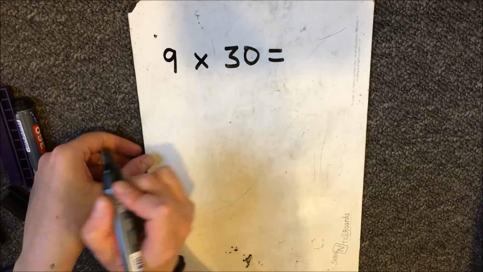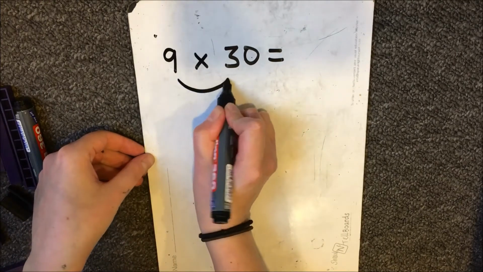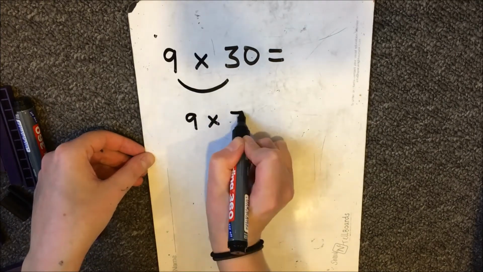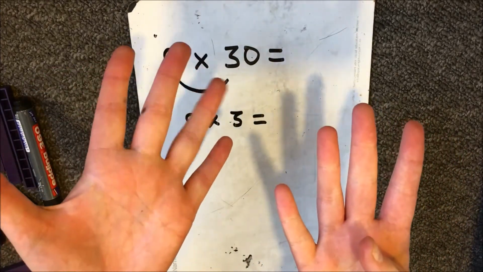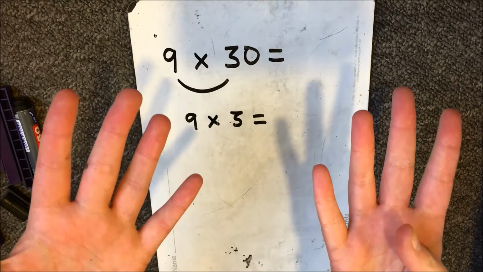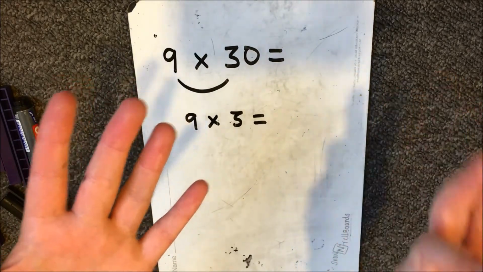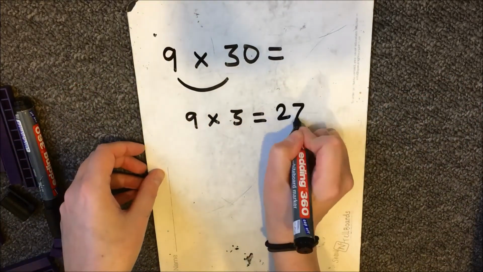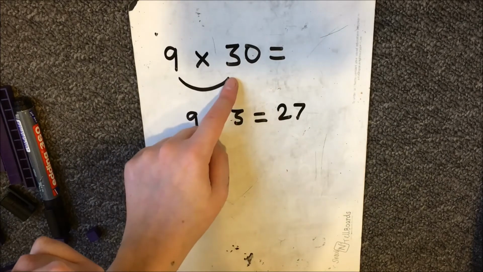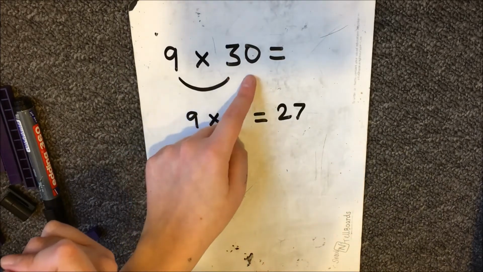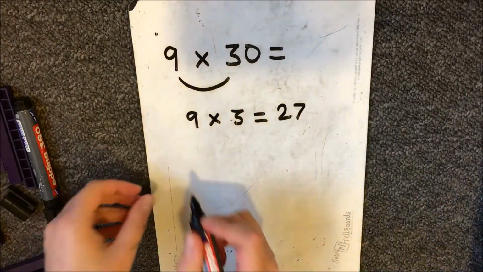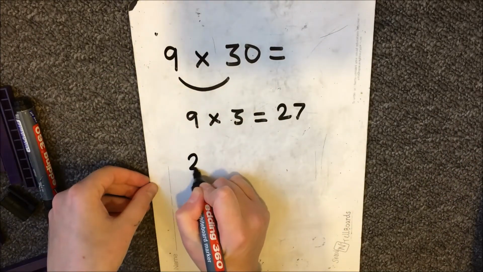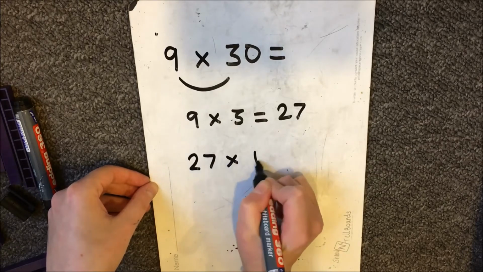Ready? What's my secret times table? 9 times 3. Put 9 fingers up, count in threes. 3, 6, 9, 12, 15, 18, 21, 24, 27. But I'm not timesing by 3 ones, I'm timesing by 3 tens. So everything has to get 10 times bigger. 27 times 10.